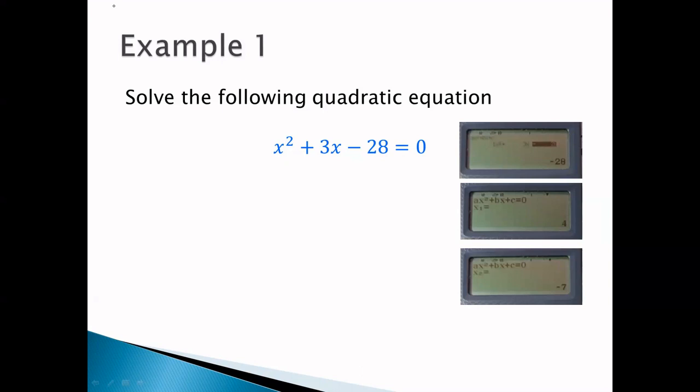So how am I going to use this to help me solve for the solution? Basically, I just have to write this. x equals 4. x equals minus 7. Now I just have to work backwards. So I bring this 4 to the left, and we have to change the sign. x plus 7 equals 0 as well.